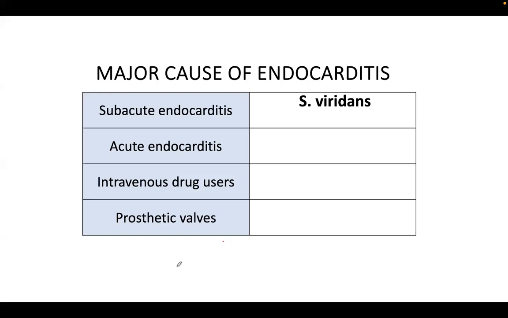Most common cause of acute endocarditis is Staph aureus. What about IV drug users? This is also Staph aureus. And what about those with a prosthetic valve? It's going to be Staph epidermidis.